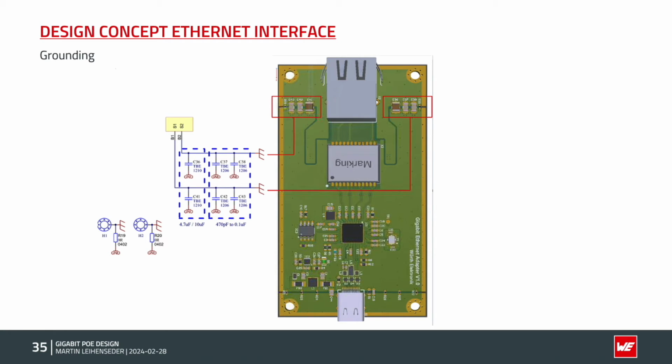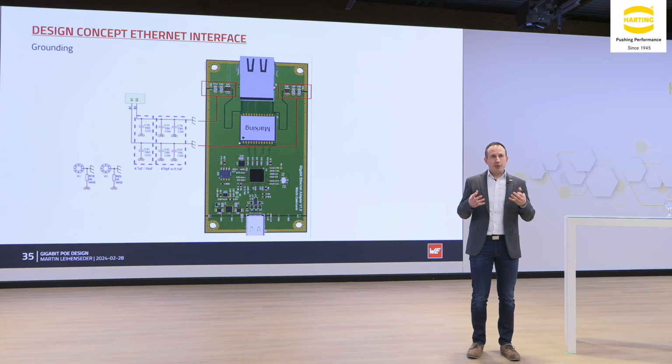In this case, you do not need to place those capacitors. You just take those screws, you see the holes, and fix the board on your chassis. And then the grounds are combined with the chassis, and this is good.